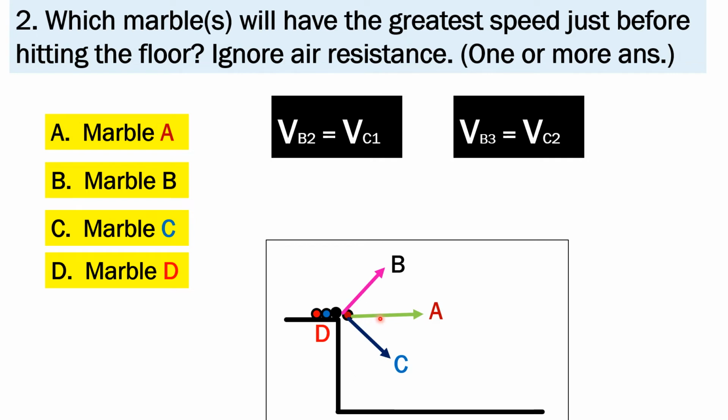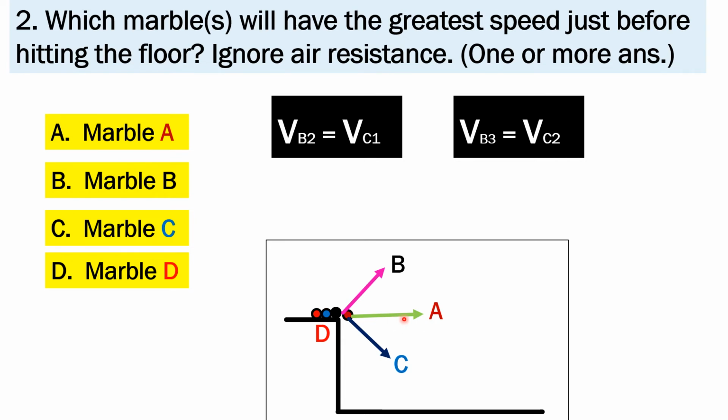For marble A, the fact that it has no vertical component of the velocity means the initial y velocity for marble A is understood to be equal to 0.